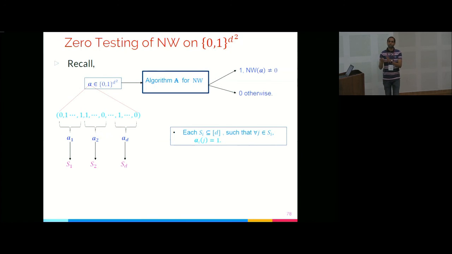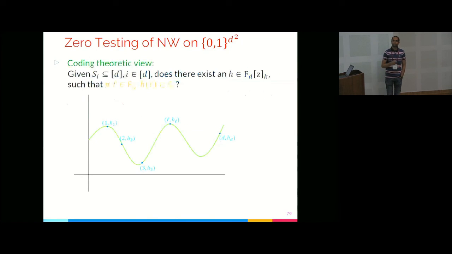So this is the setting for zero testing, and there is a coding theoretic view of this question, which is as follows. Suppose somebody gives you these subsets S1 to Sd of the set D, and you want to find whether there exists a polynomial H of degree at most k such that for every field element L, the evaluation H of L is contained in the associated set SL.